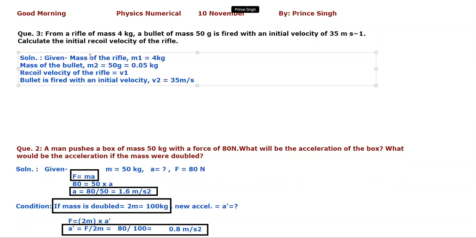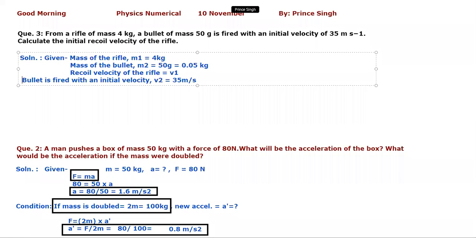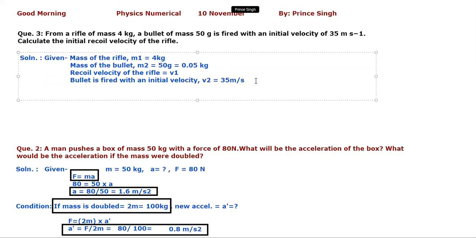And the given data are mass of rifle, mass of bullet. We have assumed the recoil of rifle as V1 and the velocity of bullet, initial velocity, as V2. Clear?